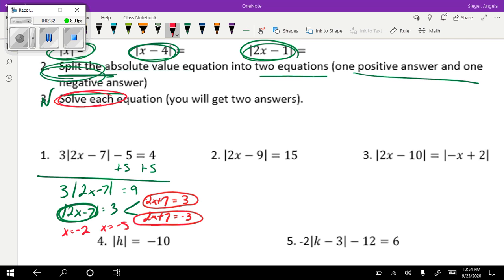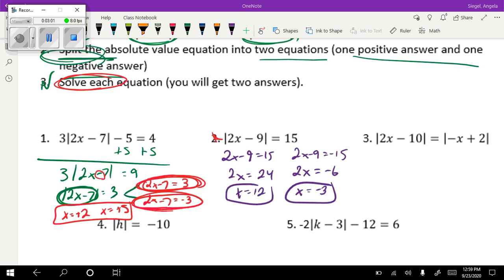Oops, sorry guys, I just realized that this is a -7, so I'm going to make this 2x minus 7 and -7. That's going to give me a +5 for this one and a +2 for this one. So my two answers are x equals 2 and x equals 5. Number 2 is a little bit easier, so go ahead and try that one.